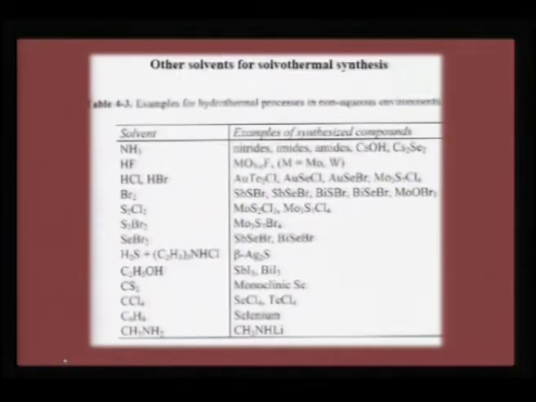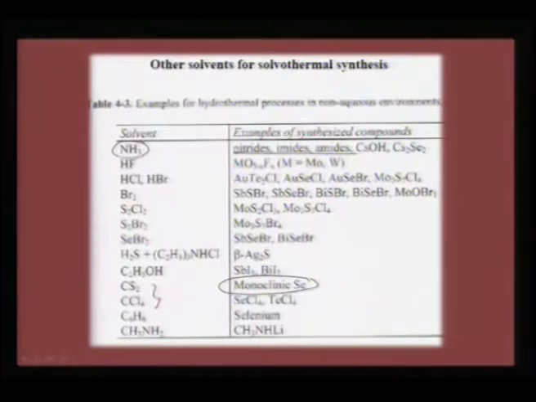There are also other solvents other than what I have mentioned, depending on the end product that we are looking for. For example, if we are talking about amides, nitrides, then ammonia as a solvent is a very good option. If you are looking for sulfides or elemental compounds, then we can think of carbon disulfide or CCl4.